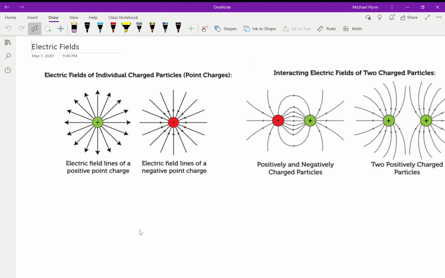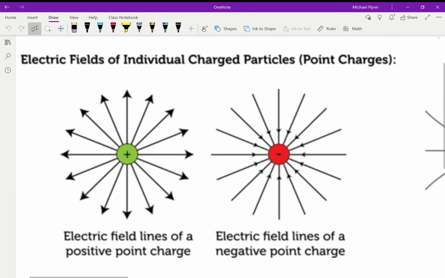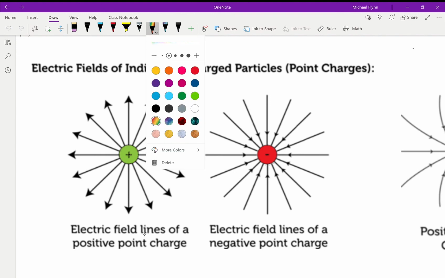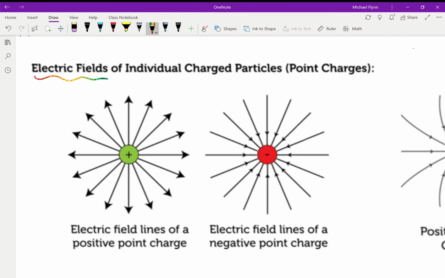But anyway, let's talk about this thing called electric fields. So exciting. I know you're going to love this. So look, this concept of a field in physics. An electric field is just an area or a space that surrounds a charged particle or a charged object.